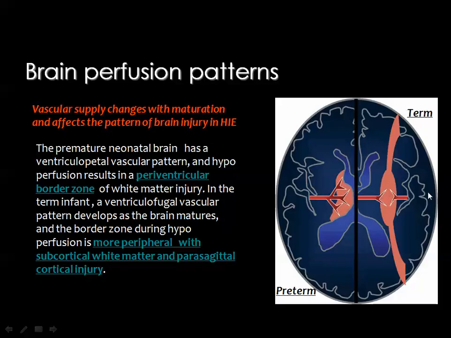While in the term infant, there is a ventriculofugal vascular pattern, which indicates that most of the insults will be approximately within the gray-white matter region or somewhat away from the ventricular wall.